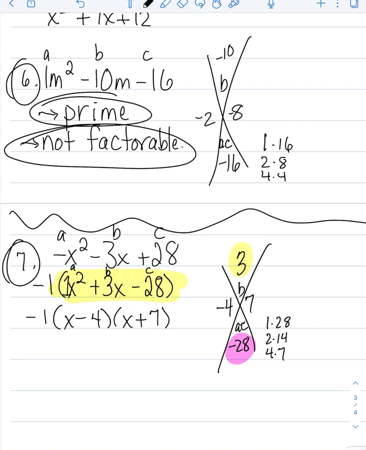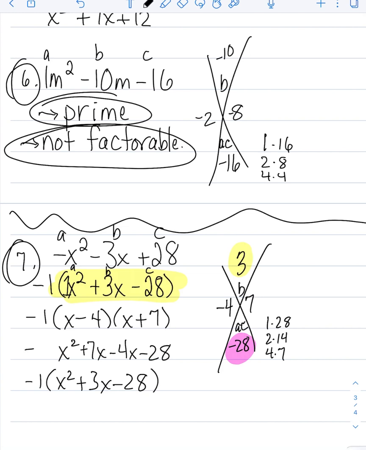Now remember, I want to test this using FOIL to make sure it gives me back what I need. So first, outside, inside, last, simplify. That gives me x squared plus 3x minus 28. But I started with negative x squared minus 3x plus 28.